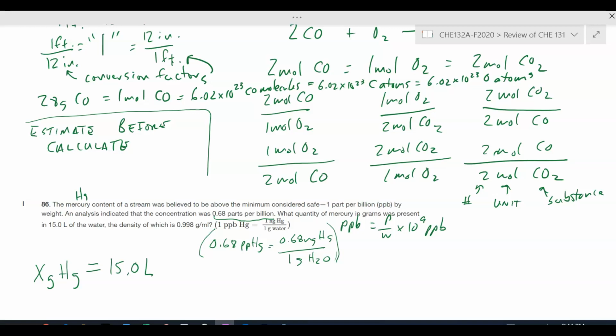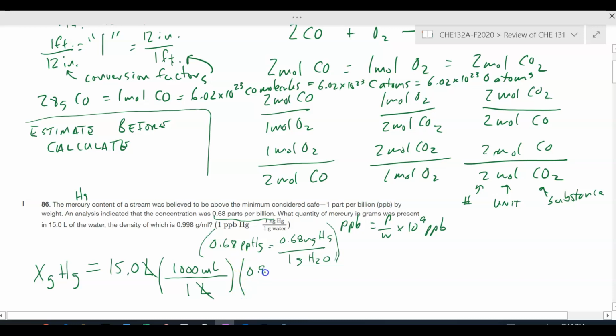We're given a density, but the density is in milliliters, so we're going to have to get liters into milliliters. So 1 liter is 1,000 milliliters, so liters will cancel out. And then I could say that there's 0.998 grams, and I'm going to say SOLN for solution here, over 1 milliliter of solution.